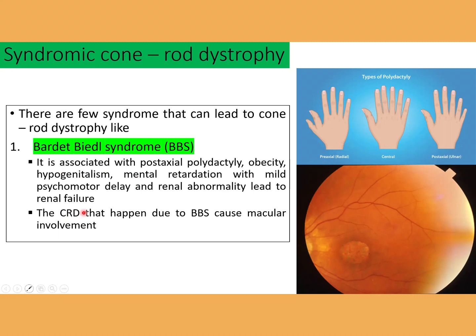This Bardet-Biedl syndrome, these kinds of patients mostly also have cone rod dystrophy. It is an autosomal recessive condition, and the diagnosis of CRD due to Bardet-Biedl syndrome is done within the early 20s. The patient with Bardet-Biedl syndrome has reduced visual acuity with photophobia along with central visual field loss.